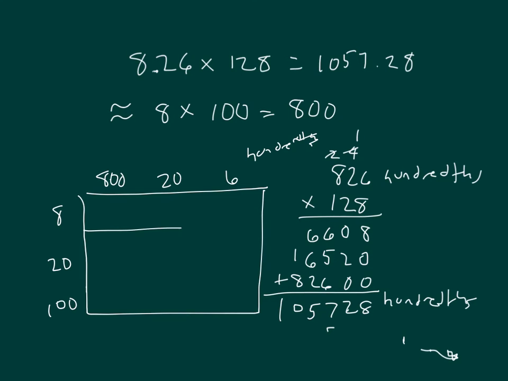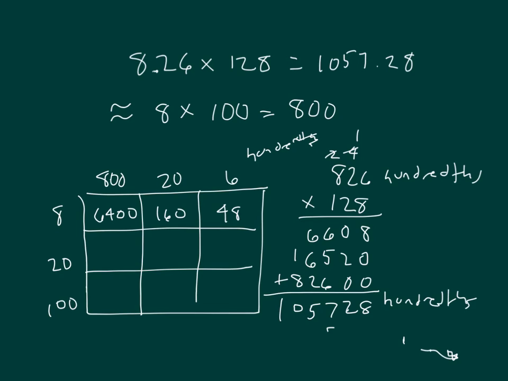And then these should match what I had in my standard algorithm. 8 times 800, 6,400. 8 times 20, 160. 8 times 6, 48. Add those up, we'd have 6,608. See how that matches.